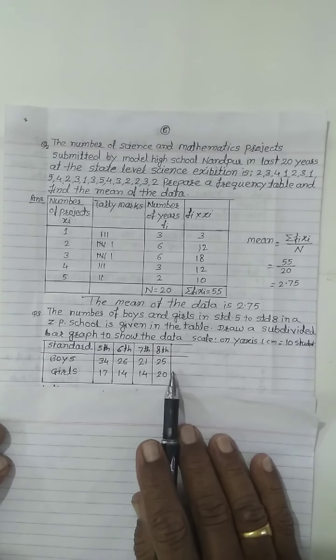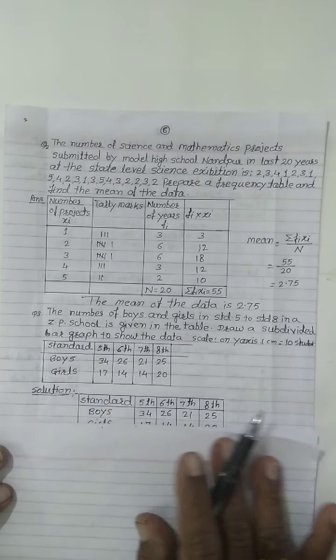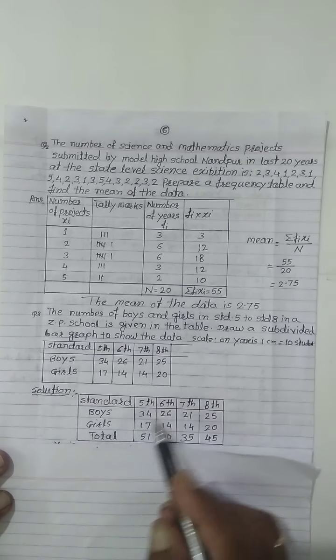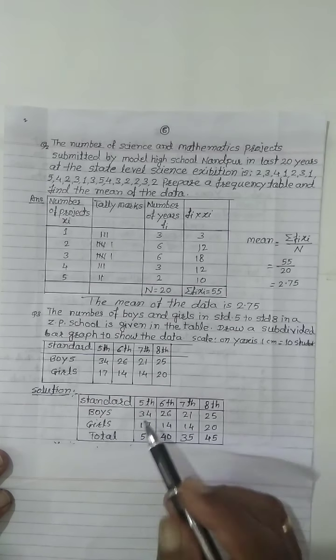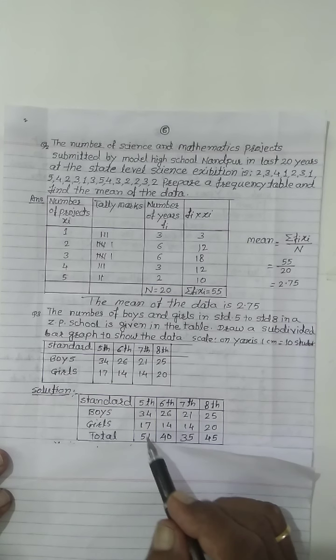Now in the answer write down the same table, then take the sum of boys and girls, so we represent the two by a single bar.